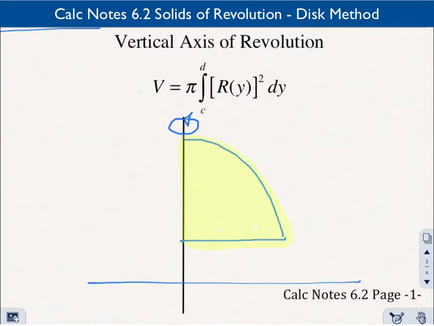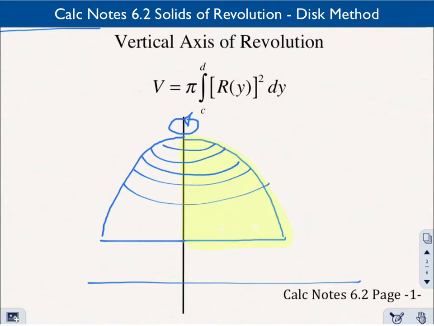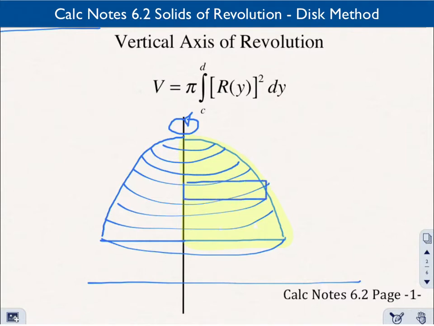And so it's going to mirror on the other side. And then we're going to draw in our little discs right here. Okay, give it a little three-dimensional view. And then what we need to do is find that representative rectangle that's getting rotated around, which would be right here.